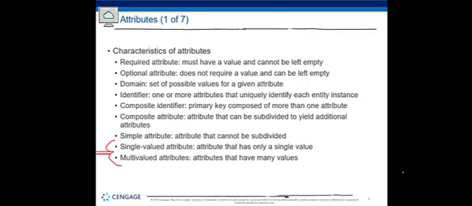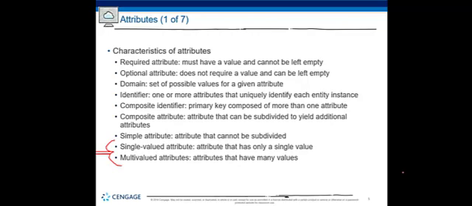Let's take, for instance, you decide to have a student table, and in the student table, you add courses that the student has taken. Since the student could take 5, 15, 30 courses, course in the student table would be multi-valued, and that would be an error.